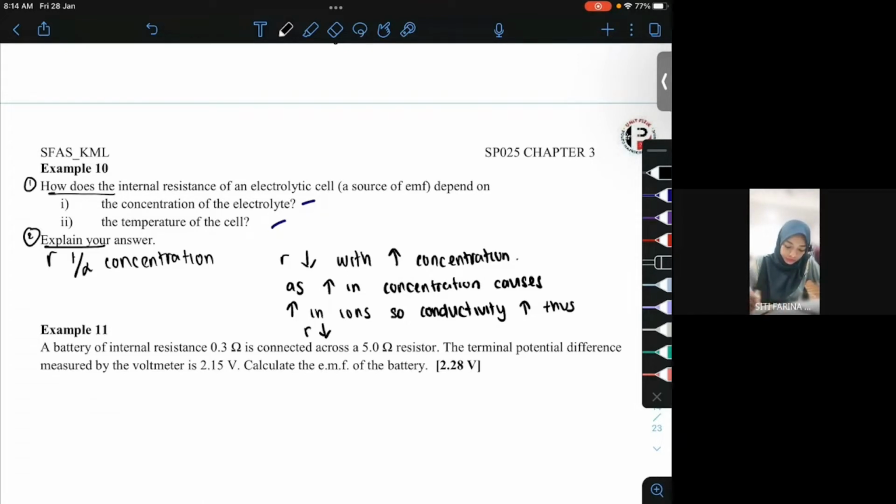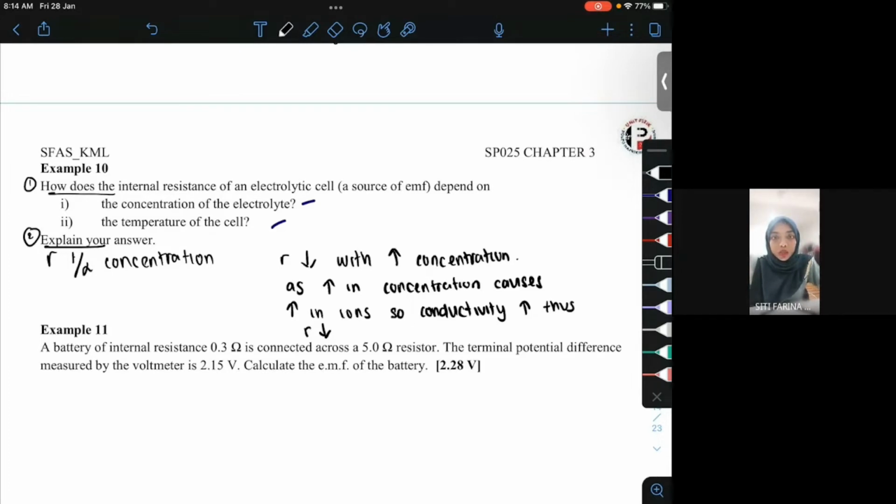Okay, so resistance akan decrease with increasing concentration. This is because as the increase in concentration, contoh kita tambah the concentration, it will cause the increase in the ions dekat sini. So the conductivity also increase. Thus the resistance decrease. Okay, this is how they related.